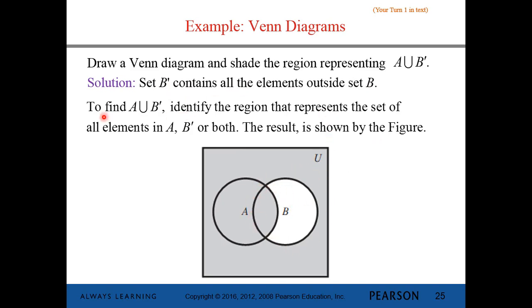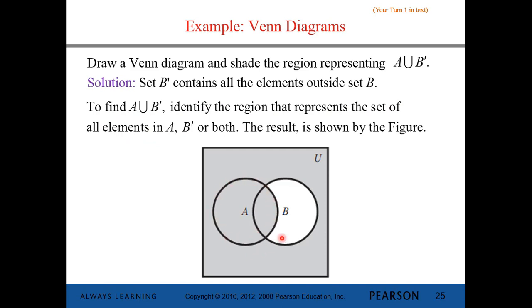So to find the union of these two, we're going to identify the region that represents the set of all elements in A. That's going to be this.